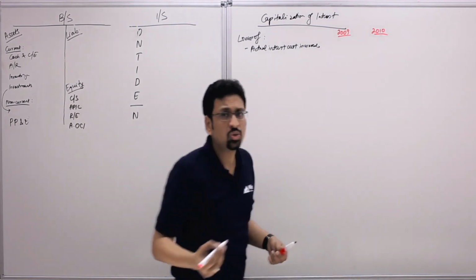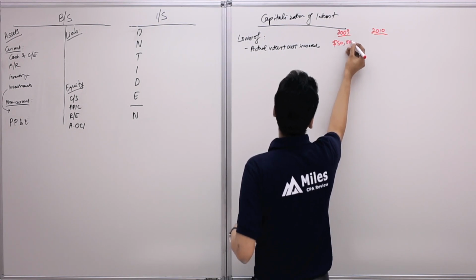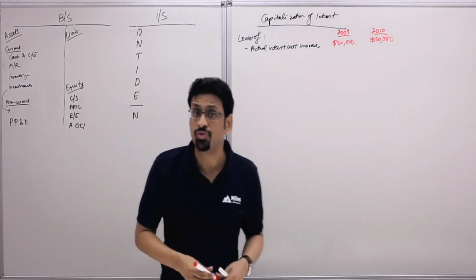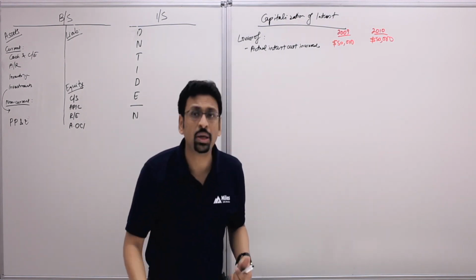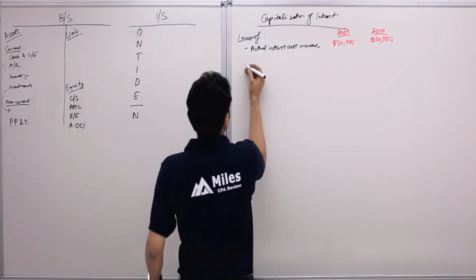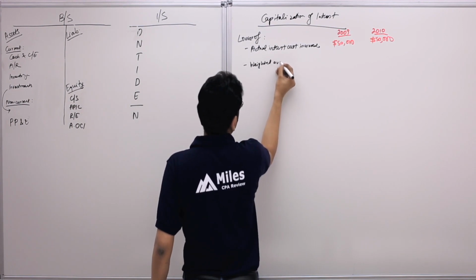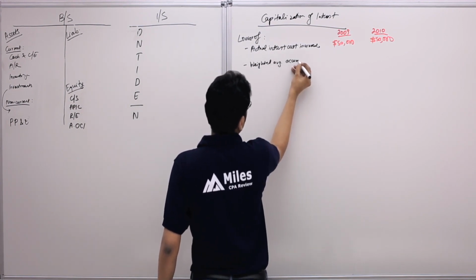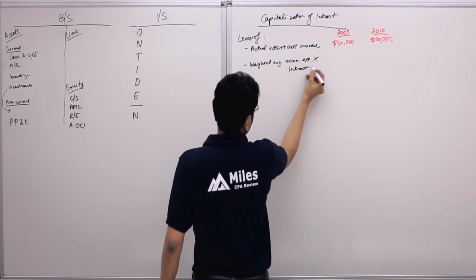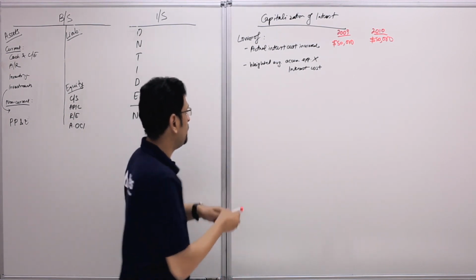So for $500,000, 10% rate of interest, $50,000 for 2009 and another $50,000 for 2010. But the entire amount borrowed was not used for construction. So now we are looking at the weighted average accumulated expenditure into interest costs. Let's try to calculate this from this problem. So let me draw a timeline out here.